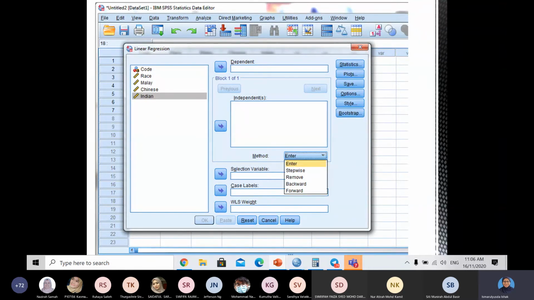So it is good if you choose stepwise. With stepwise, SPSS will calculate only the significant variables in your model. Maybe from 100, only 5 are significant, so your equation has only 5 significant variables. Backward and forward also give you the significant ones.